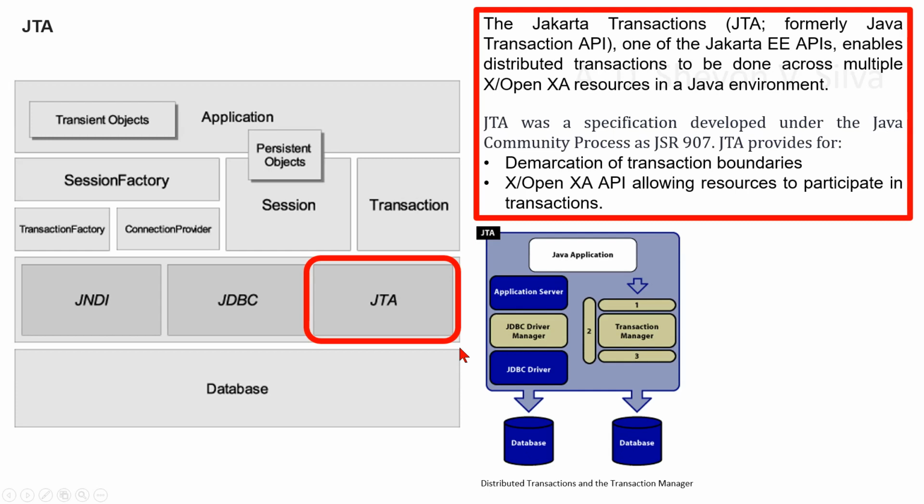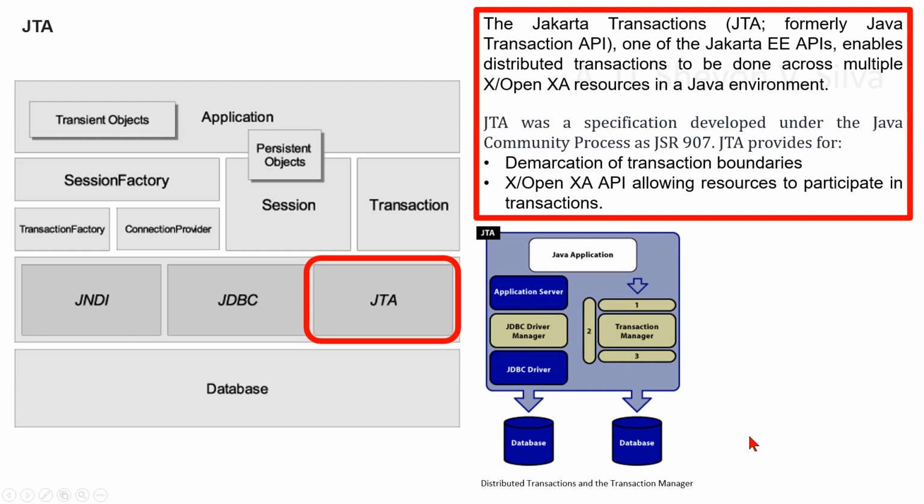JTA was a specification developed on the Java Community Process as JSR 907. JTA provides for demarcation of transaction boundaries, and an open XA API allowing resources to participate in transactions.